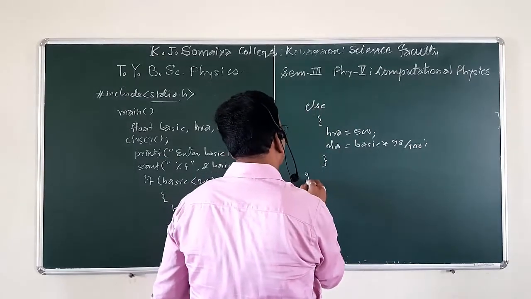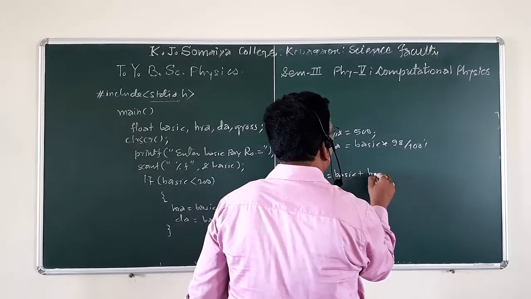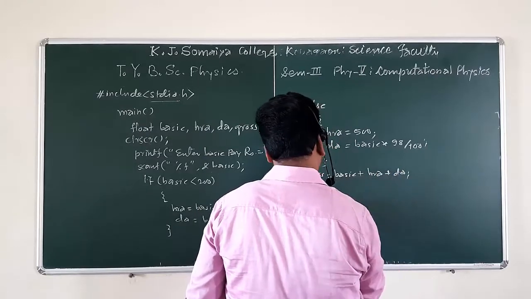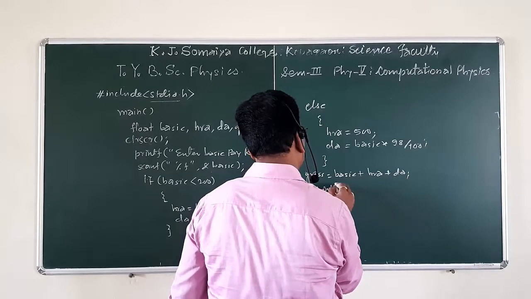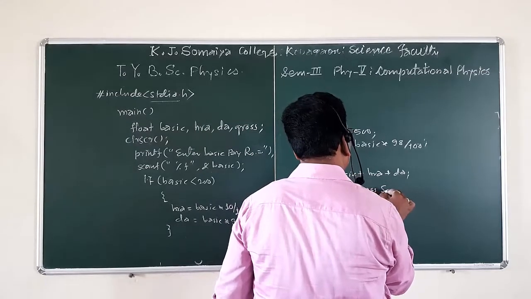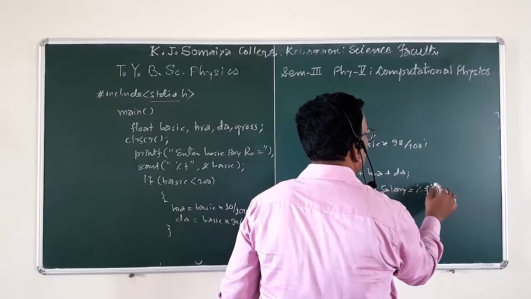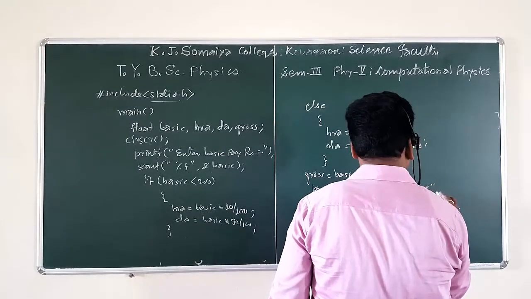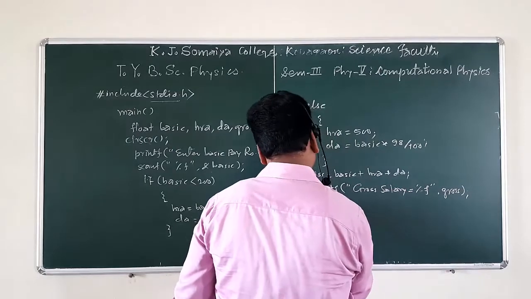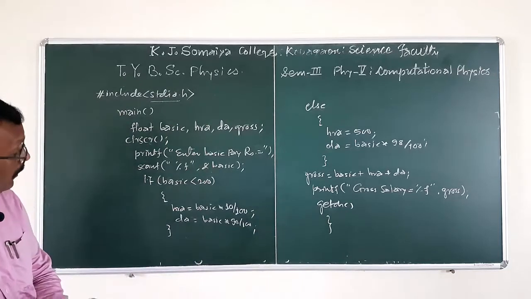Then gross is equal to basic plus HRA plus DA, then printf "gross salary is equal to %f", gross, and getch. See here, how many braces are there?